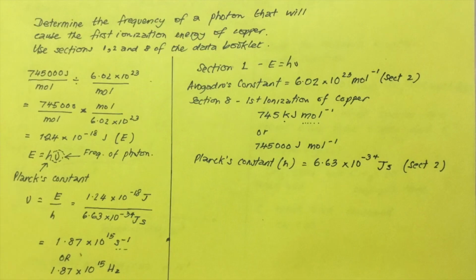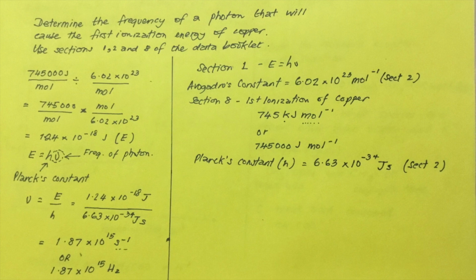And now we come to this question. Determine the frequency of a photon that will cause the first ionization energy of copper. And the problem that occurred with this particular question really came from knowing what a photon was, because a photon deals with the energy associated with a single electron.